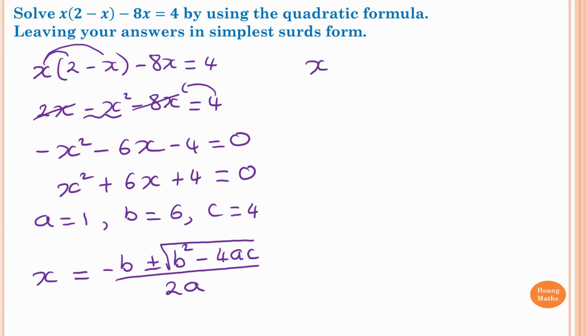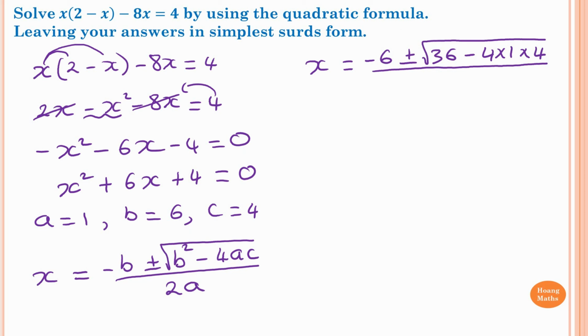So x equals negative b, b is 6, so that becomes negative 6, plus or minus the square root of b squared, 6 squared is 36, and minus 4ac, so 4 times a is 1, times c is 4, over 2 lots of a, 2 times 1 is 2.